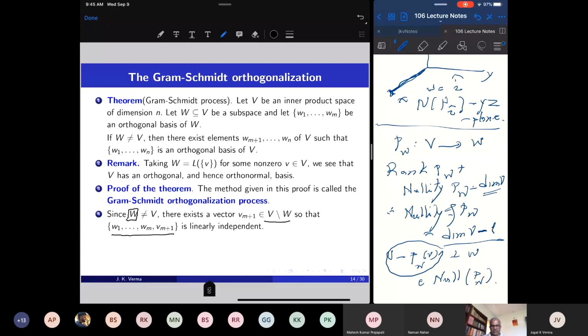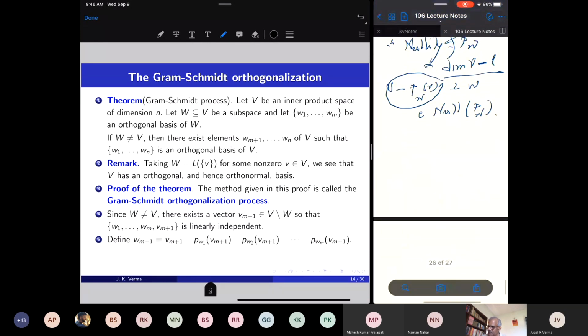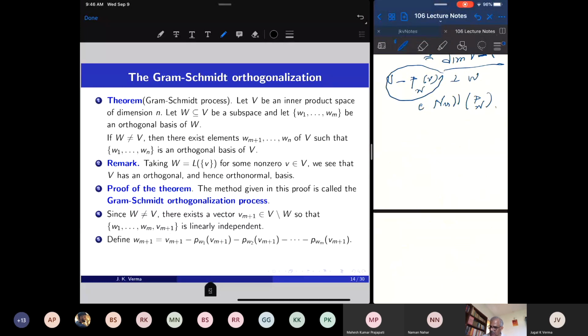So we will exploit these things to construct an orthogonal basis. What do we do? This is the first step of the Gram-Schmidt orthonormalization process. We were given a set of vectors, and I have a vector V_{m+1} which is outside this.